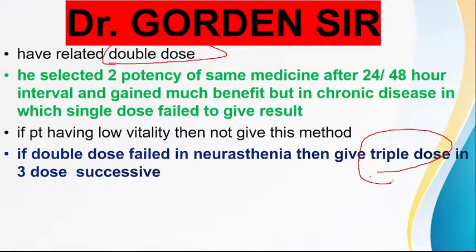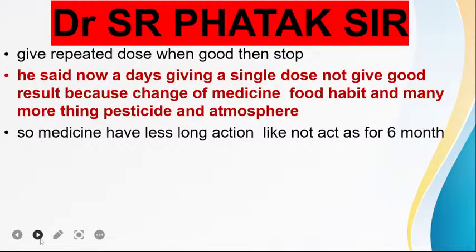But these things should not be tried in patients who have low vitality, like old people or those with very severe chronic disease, because their vitality is so low, and if you increase the potency so frequently, there can be chances of aggravation. So don't follow the double dose or triple dose in patients having low vitality. This is the different idea of Dr. Jordan sir.